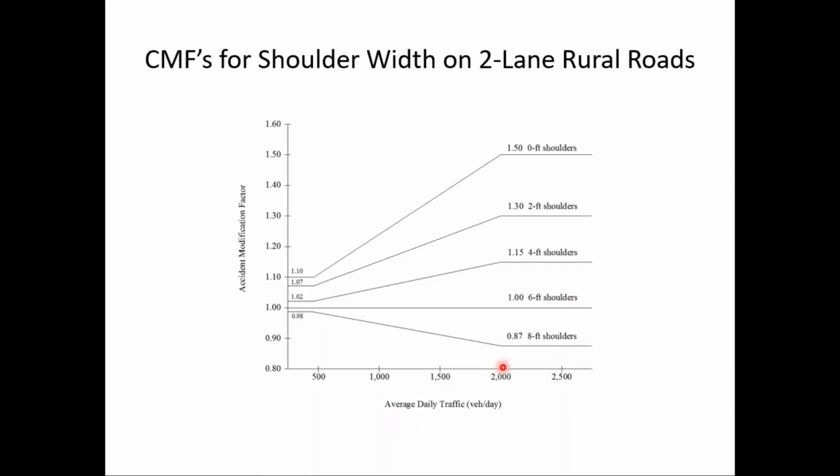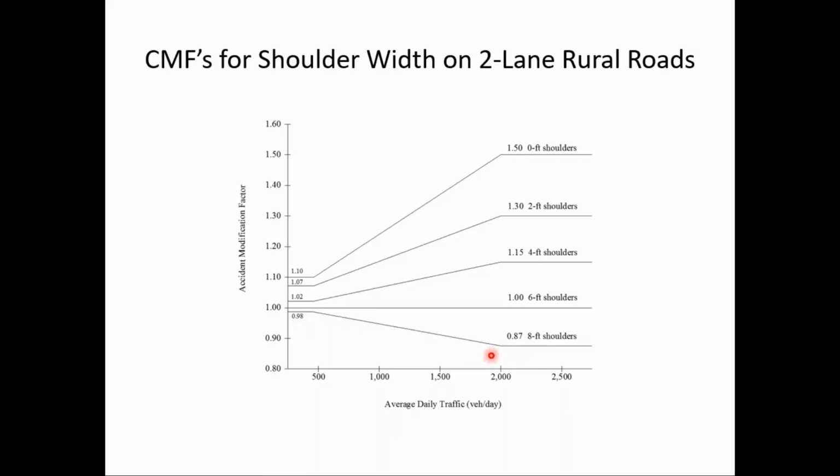Notice at about 2,000 vehicles per day, the CMF is 0.87 or a 13% crash reduction factor. And we can see it from maybe 0 vehicles to maybe 300 or 400 vehicles per day, the CMF is 0.98, and then it varies linearly to 0.87.